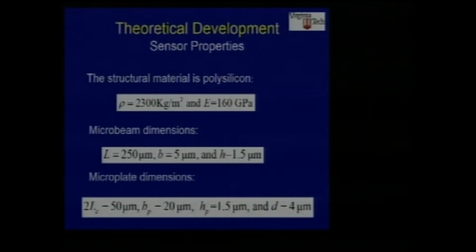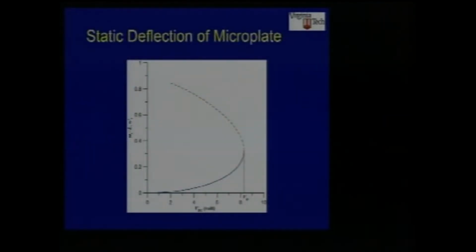For anyone who is interested, these are the parameters for the plate and for the beam. Here is again the curve for the deflection, but now the deflection at the mid center of the plate versus the voltage.